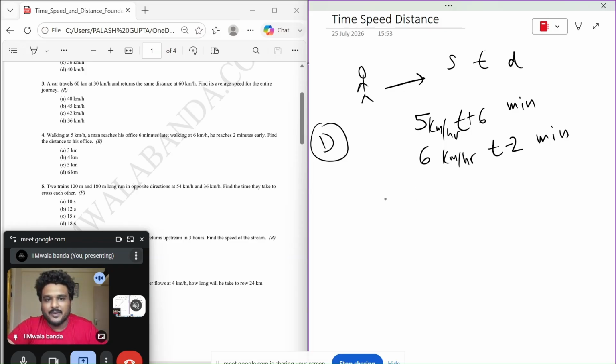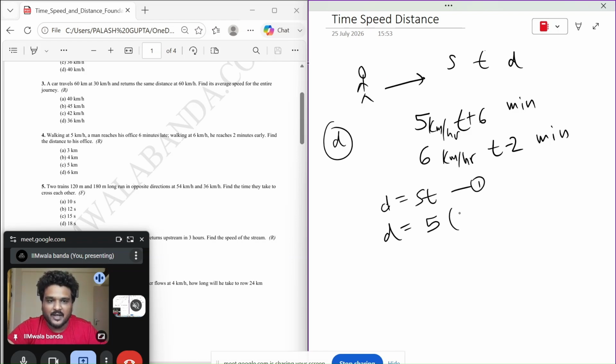Now, whatever distance it was traveling, I'm assuming it D, so let's not get confused. D is what I need to find, and distance is speed into time. So this is always the default equation. Again, distance will also be the new speed, which was 5 kilometers per hour, and the new time, because distance remains the same, and distance will be 6 kilometers per hour and time.